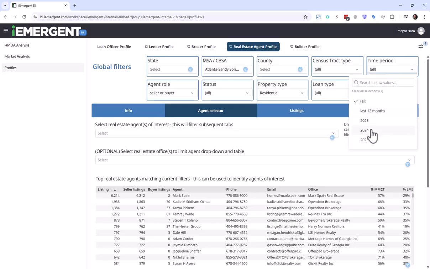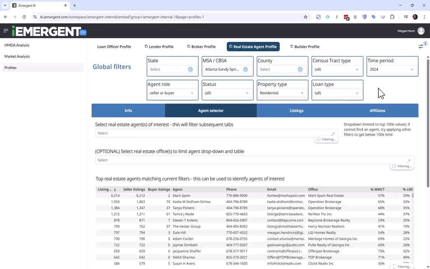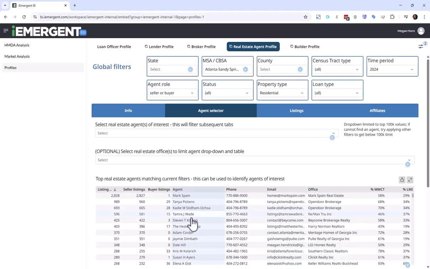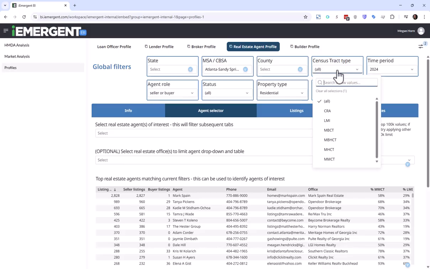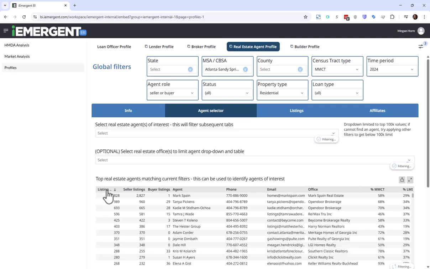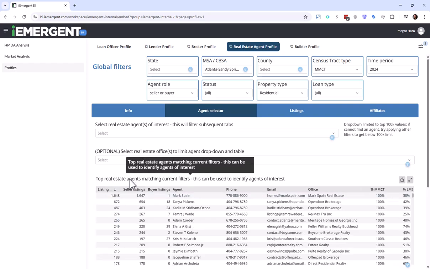I want to do just for 2024. So this is narrowing down again. Seller or buyer, do both. Any loan type. Let's see for MMCT. We'll see quantity of loans in majority minority census tracts.